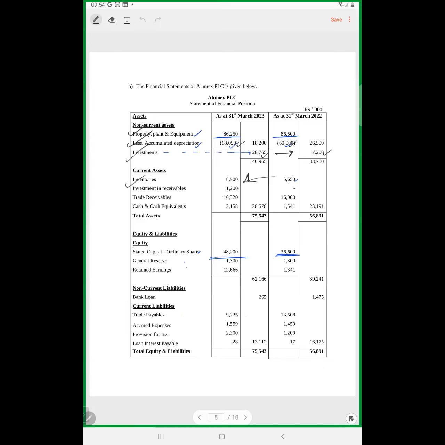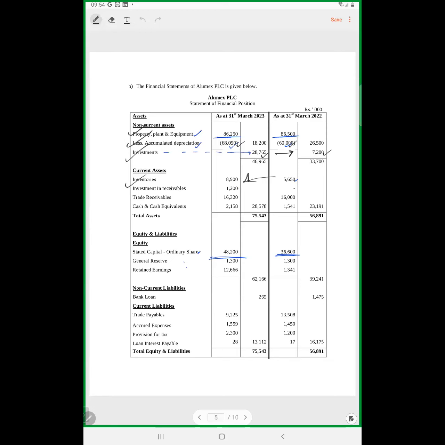Inventories. What we can do? So you can see the inventory value has increased. So it means we have to deduct it from the operating activities, no?